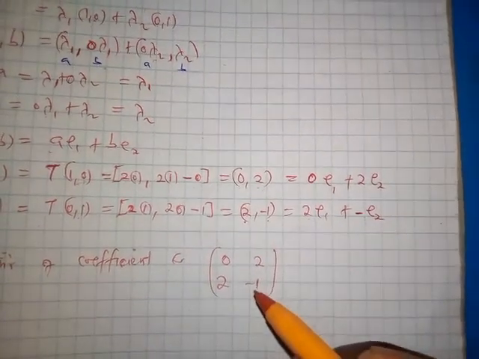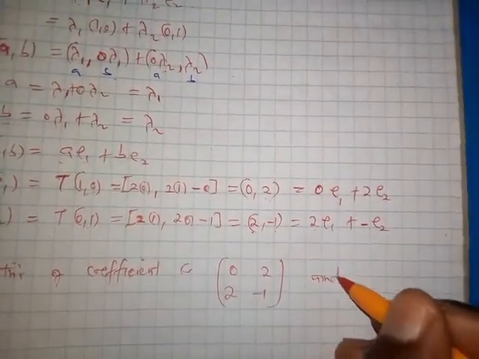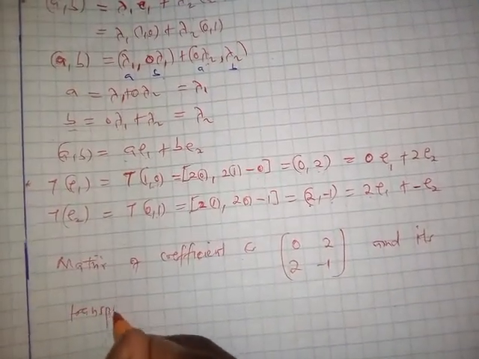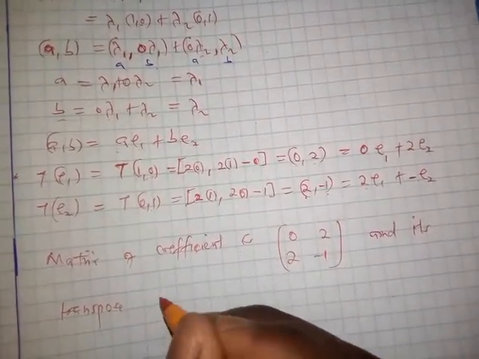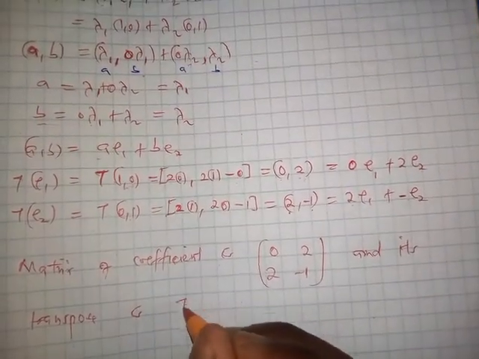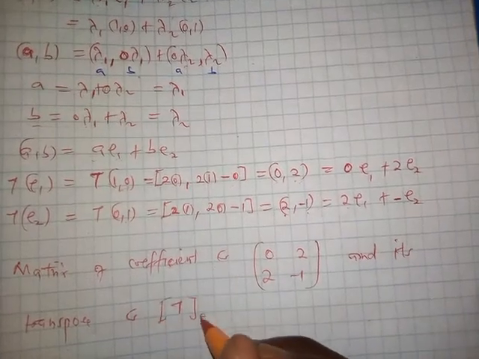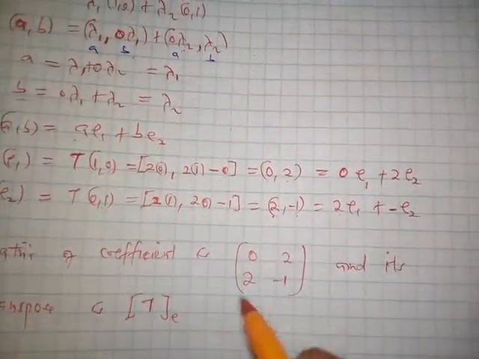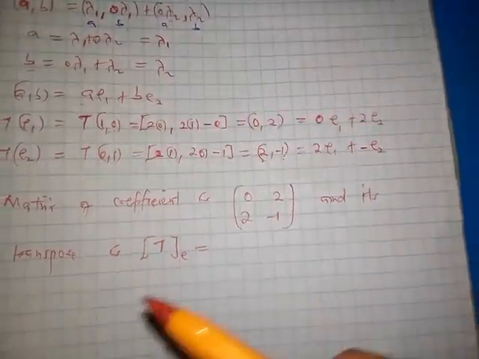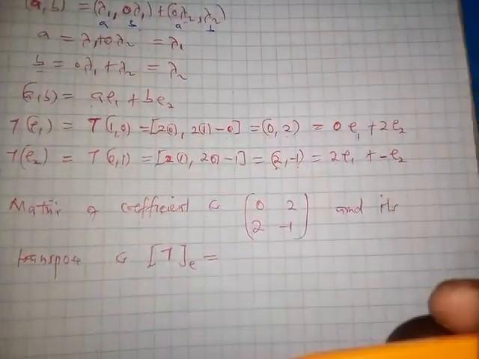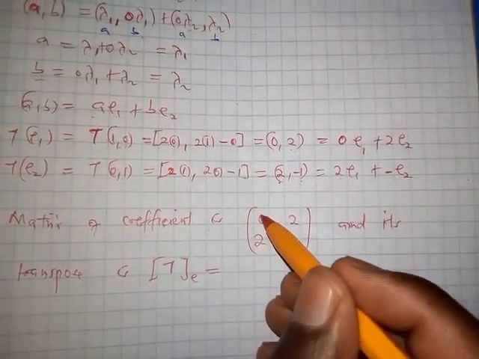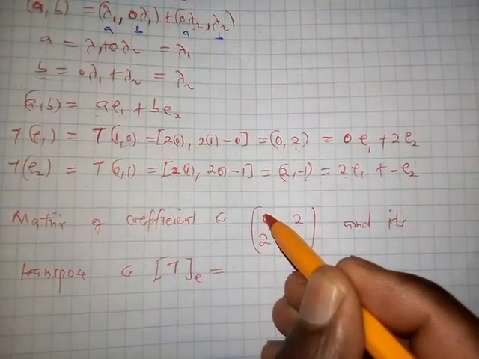That's the matrix of coefficients, and its transpose is written this way, T E. When you are given a matrix and asked to give its transpose, the rows become the columns.